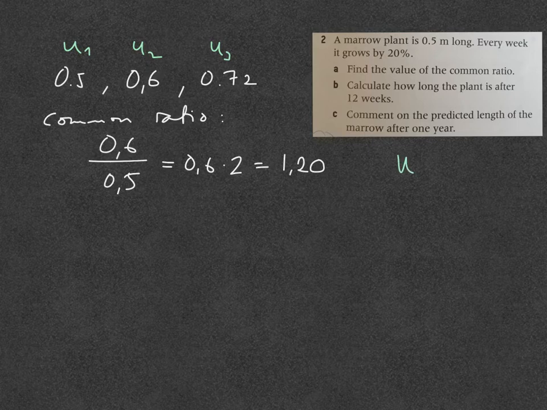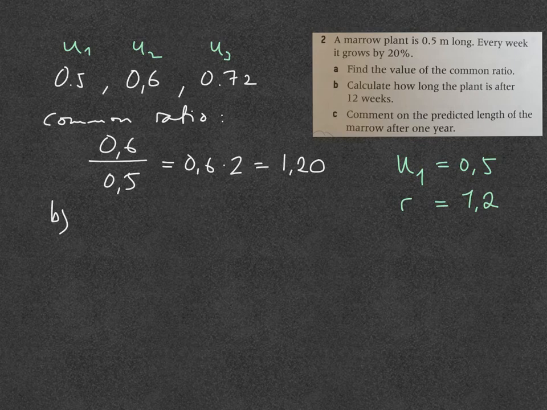Now, we have established that u1 is 0.5, our common ratio is 1.2, and task b here asks us to calculate how long the plant is after 12 weeks, which really means that, well, we have to think a little here. The first term is 0.5, and after 1 week it's 0.6.